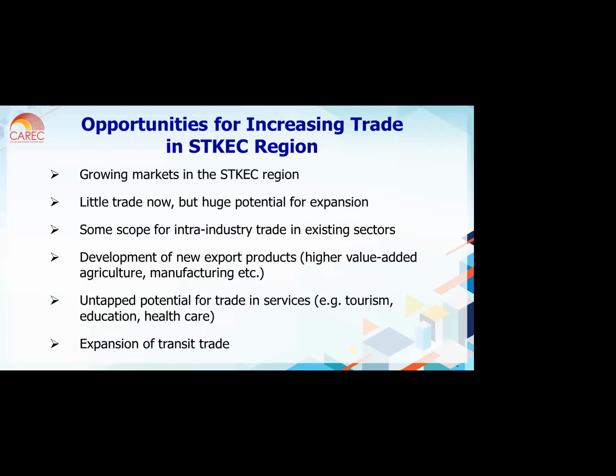Even though it may seem that these regions produce similar products, it does not rule out the possibility of trade among these regions. For example, if we speak about trade in tourist services, Kazakhstan can sell tourist services to Uzbekistan, and Kazakh tourists will be happy to visit Tashkent, Samarkand, and other cities and sites in Uzbekistan.